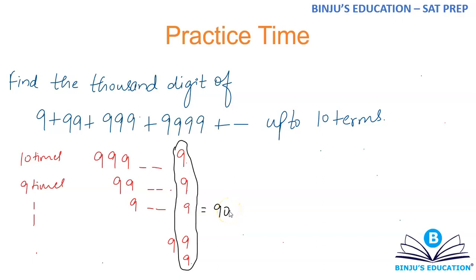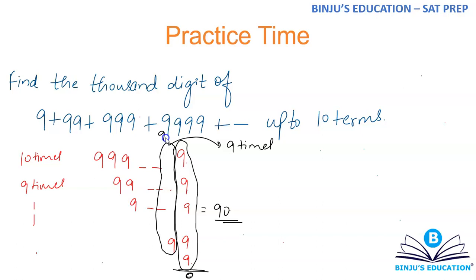When you go to the tens place, you're going to have 9 nine times. When you added all the 9s at the unit place, you got a sum of 90, so you're going to keep 0 and 9 will be carried over.